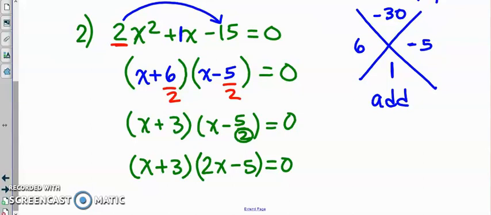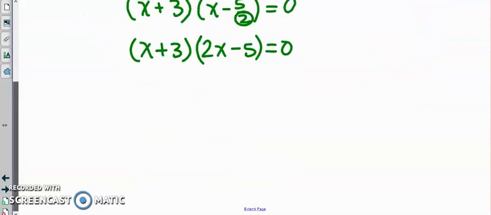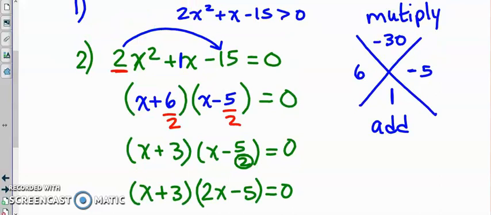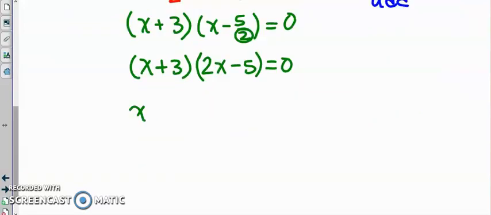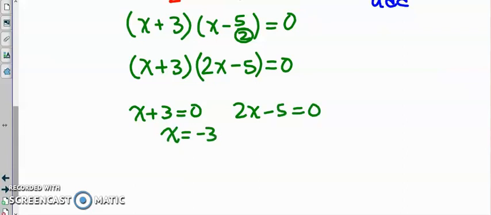All right, so now that we factored it, we're going to use the zero product principle. Set them both equal to 0. And so we get x equals negative 3, and x equals positive 5 halves.